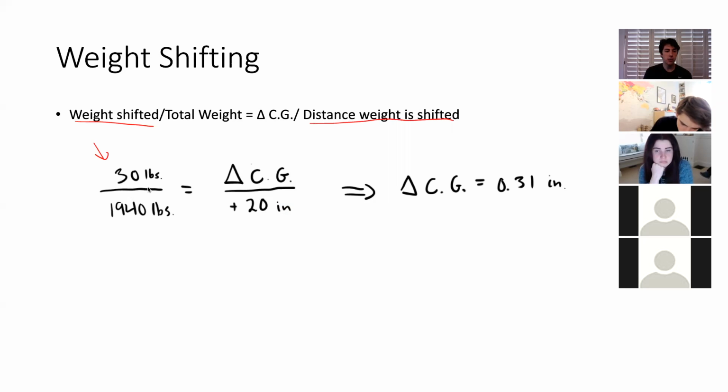If we know how much weight we have, how much it was shifted by, and the total weight of the aircraft, we can find how much the CG is going to change. In this case, we've taken 30 pounds of bags and moved them back 20 inches. This is going to move our center of gravity back 0.31 inches.